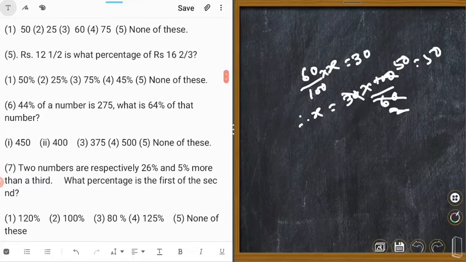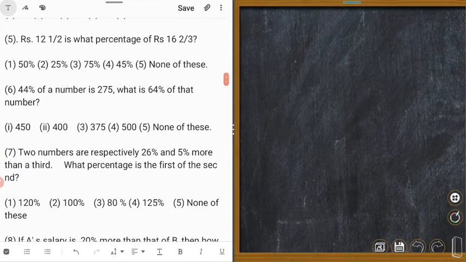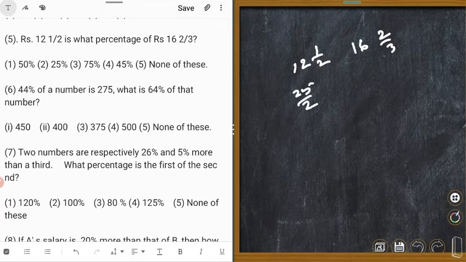Number 5. So number 5 is like this: 12 and a half. This is 12 1/2. 12 1/2 is what percent of 16? 12 1/2 is equal to 25 upon 2. 16 is 50 upon 3.